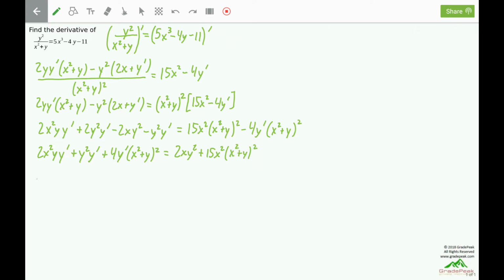We can now factor the y prime out. Leave the right side the way it is.